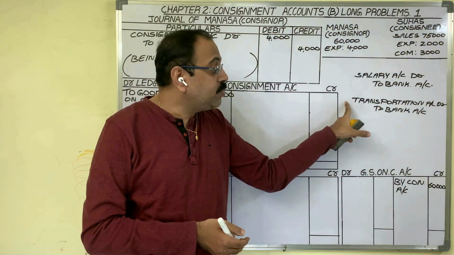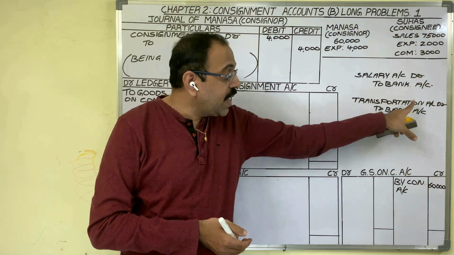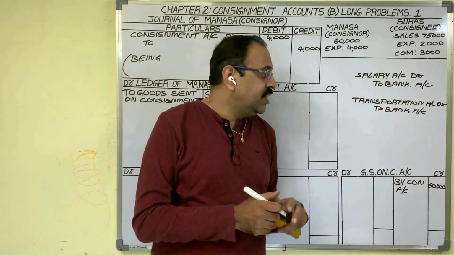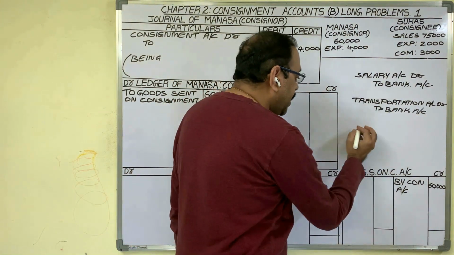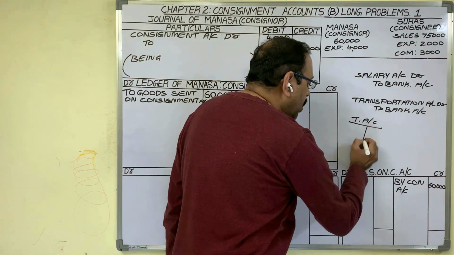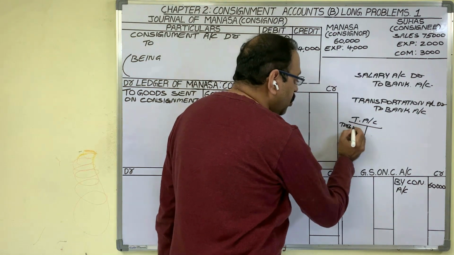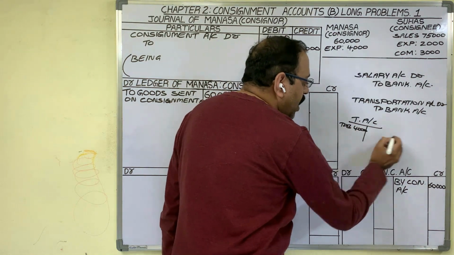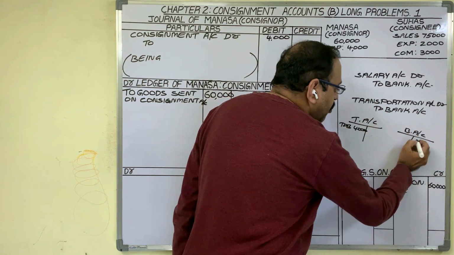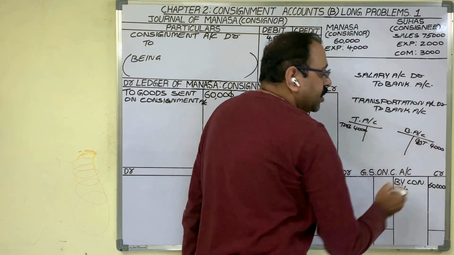Don't debit transportation expenditure account, because if you debit transportation expenditure in the journal entry, then this entry will be posted in transportation account on the debit side to bank, amount 4,000 rupees, and in bank account on the credit side by transportation account 4,000.